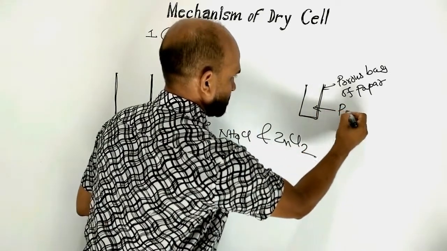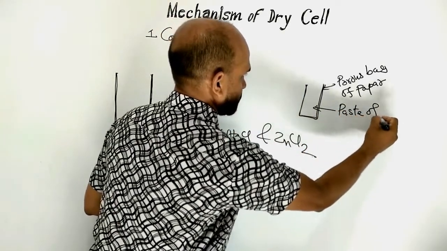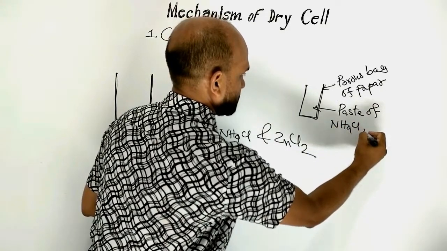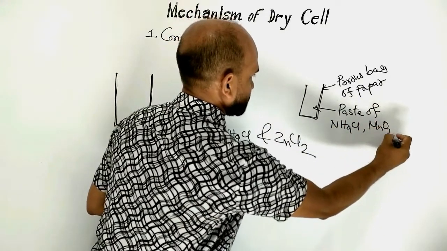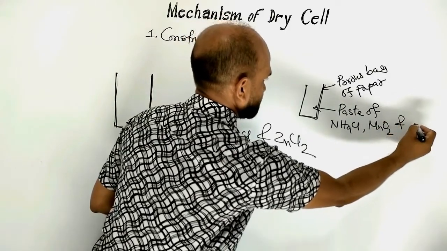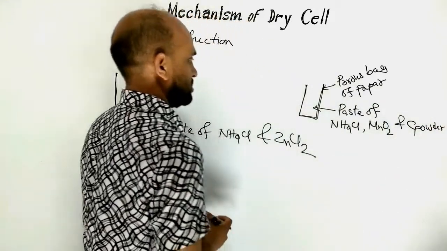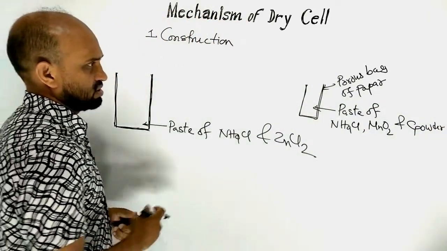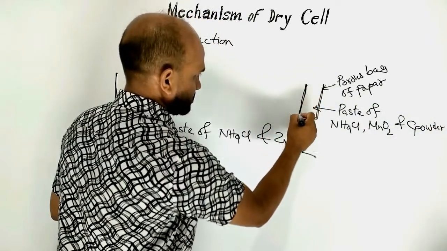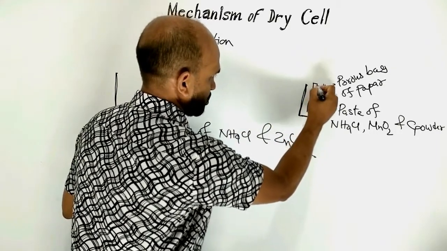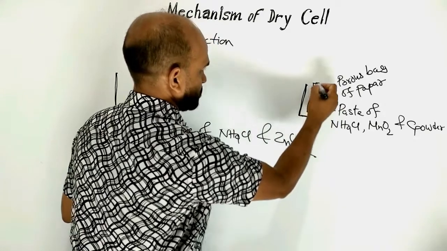Where a paste of ammonium chloride, manganese dioxide and carbon powder is taken, and inside this bag a carbon rod is introduced.